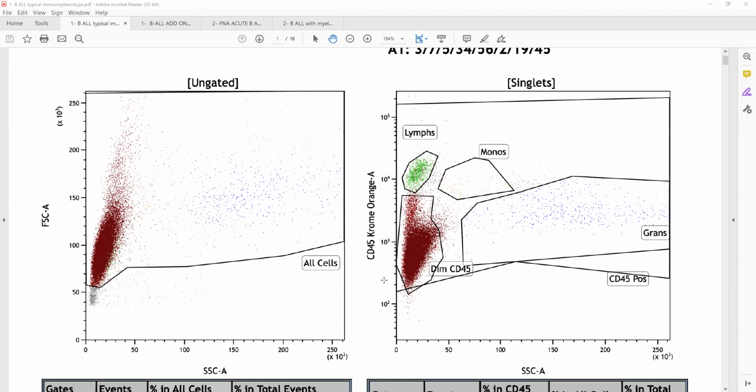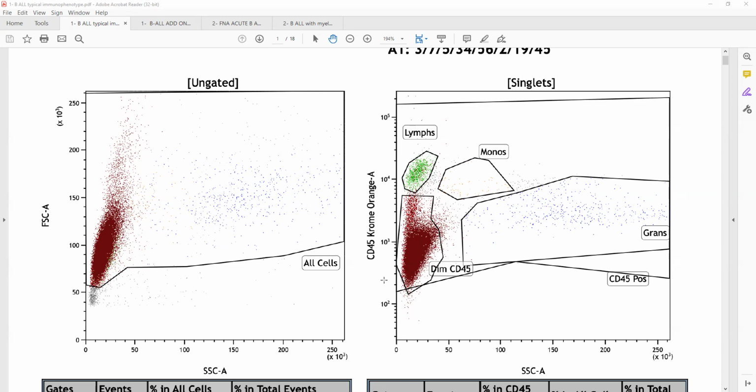However, you have to keep in mind that an abnormal B lymphoblast population, although it can recapitulate the normal immunophenotype of normal B lymphoid blast populations, sometimes can have aberrancies, and these aberrancies are very helpful to help you decide whether you're dealing with an abnormal immature lymphoid blast population or a normal immature lymphoid blast population, especially when it comes to minimal residual disease testing.